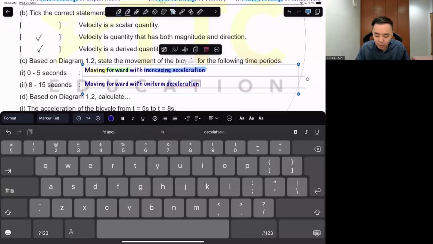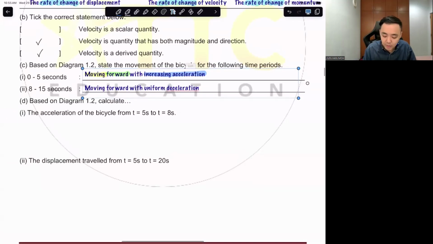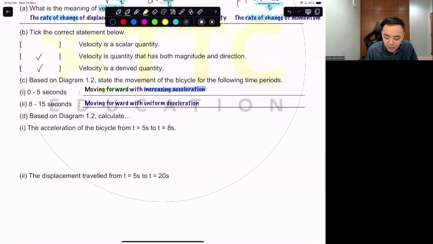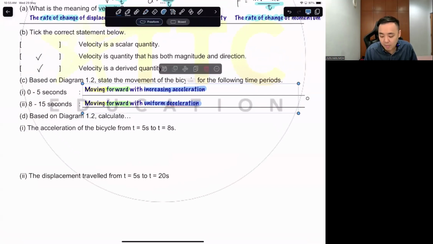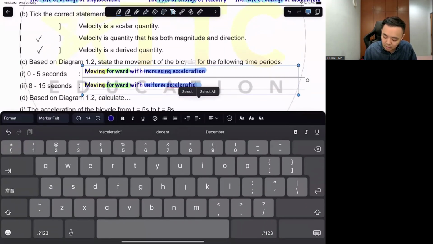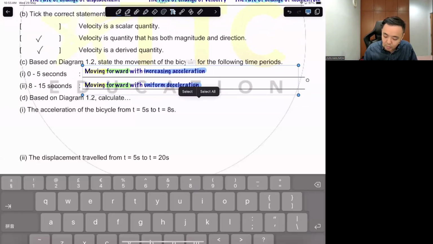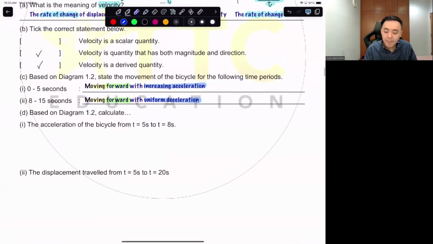You can write either one. So number 1, moving or not, and then after that direction, and then after that how. So all together, this is how it works for your motion graph. Can?